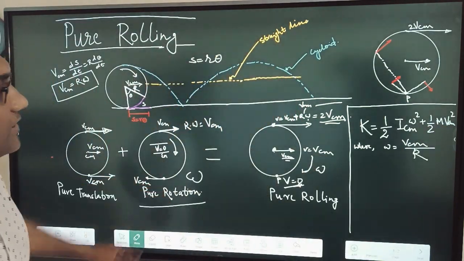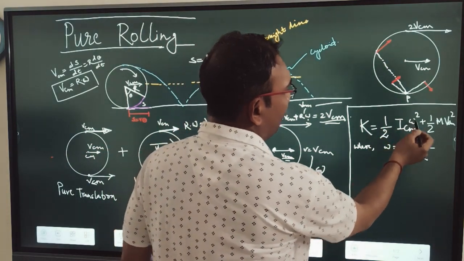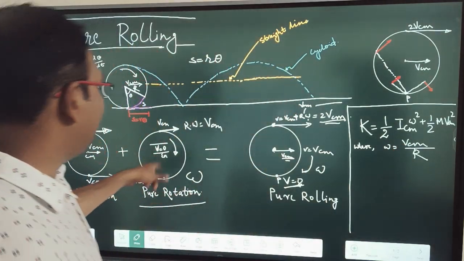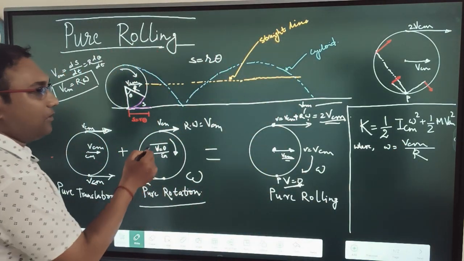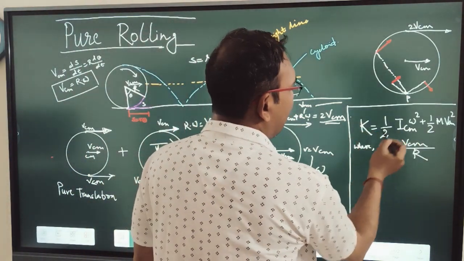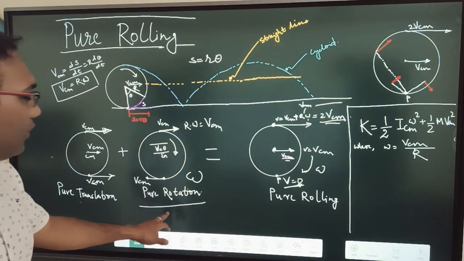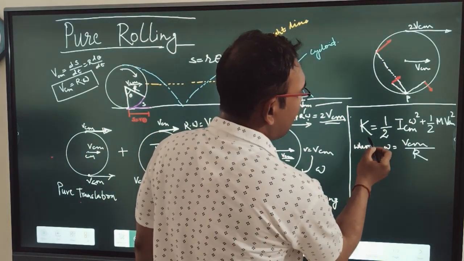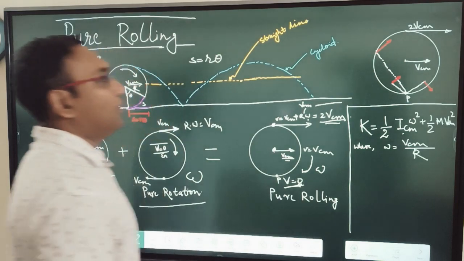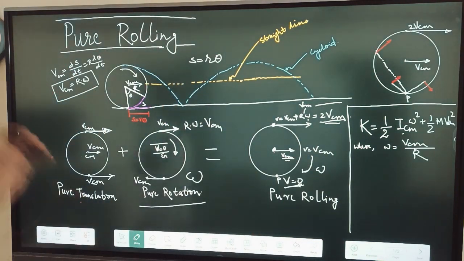With the pure rotation, we also know half ICM omega square, where ICM is the moment of inertia about this z axis, and omega is equal to VCM by R. This is the total kinetic energy. It's a sum of the pure translational kinetic energy and the pure rotational energy. So total energy is equal to half ICM omega square plus half m v square cm. So this is one of the topics I wanted to discuss.